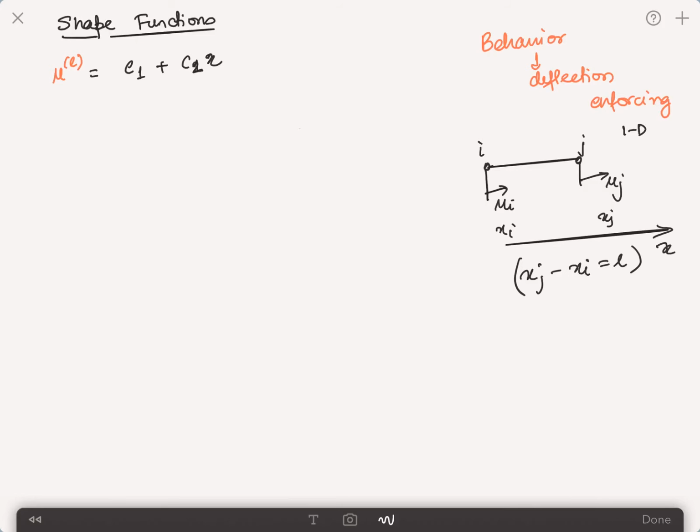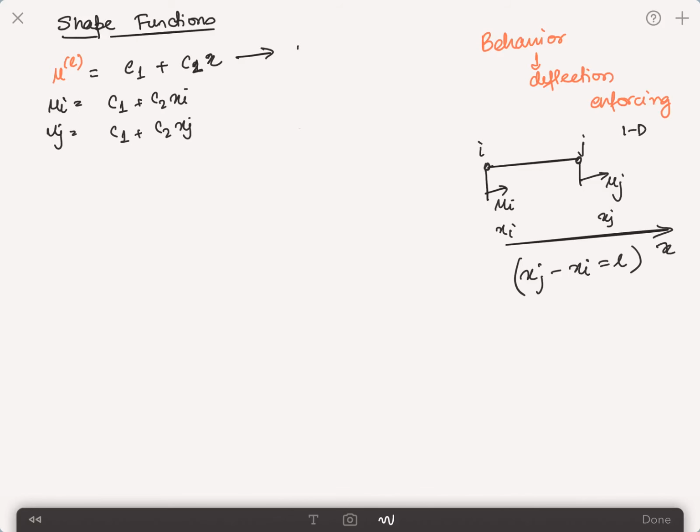Now, we know that there are two nodes. We've defined the two displacements, so we want to enforce the same displacement behavior at every node. So we can quite easily write ui is equal to c1 plus c2 xi, and uj is equal to c1 plus c2 xj.